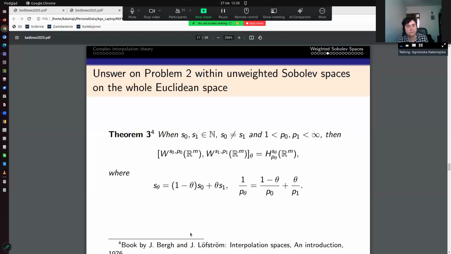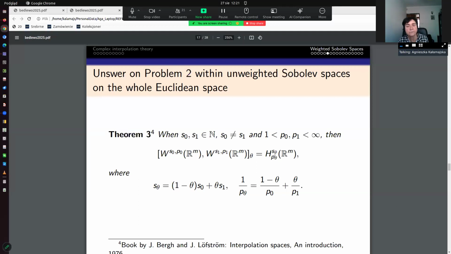That book is from 76, but the result was probably known earlier, that in that setting of Sobolev spaces on Rn, on the Euclidean unweighted setting, this interpolation space is the same as the Bessel potential space H S theta P theta, where S theta is a convex combination of S0, S1, and 1 over P theta is a convex combination of 1 over P0, 1 over P1, both related to theta.